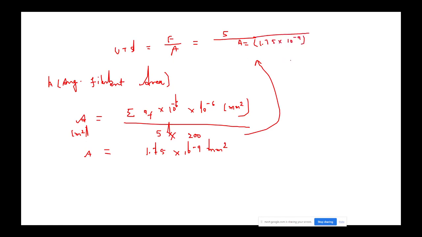When you divide, your UTS value will be around 2.86 into 10 to the power 9. You can convert this to a better unit and write it in GPa, so it will be 2.86 GPa. So this is the value of your UTS.